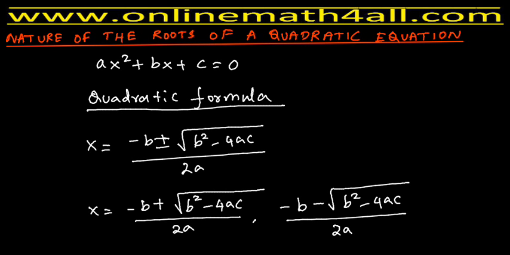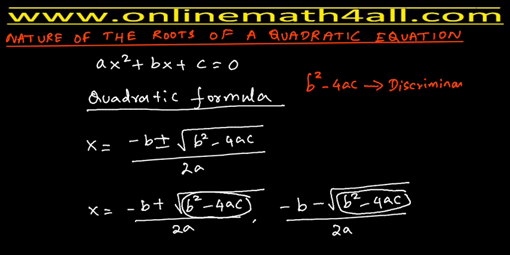Now we can consider the part that is inside the square root, b² - 4ac. The same we have in the other root also, that is b² - 4ac. So this b² - 4ac is called the discriminant. Why do we say this b² - 4ac is the discriminant?